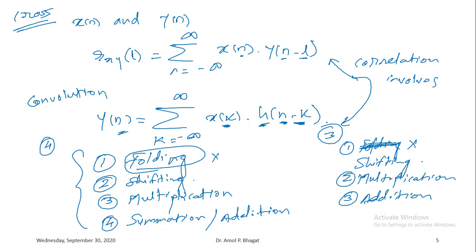The only difference between convolution and correlation is that in correlation we are not performing the folding operation, right? So that is for cross correlation. And the difference between cross correlation and autocorrelation is that in autocorrelation you are comparing the same sequence with itself.